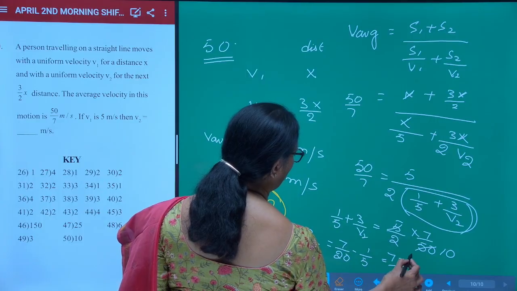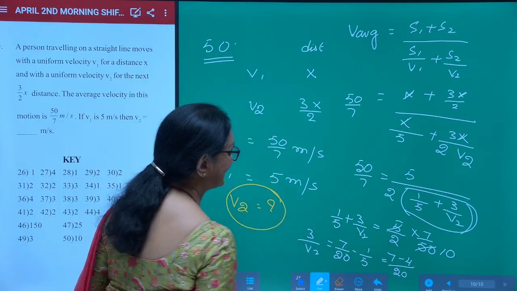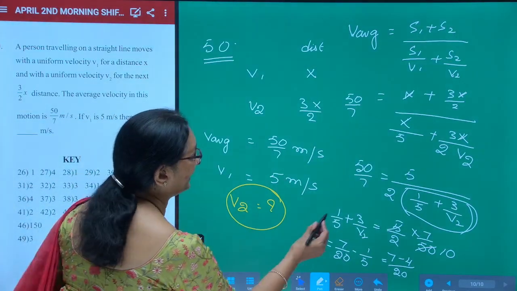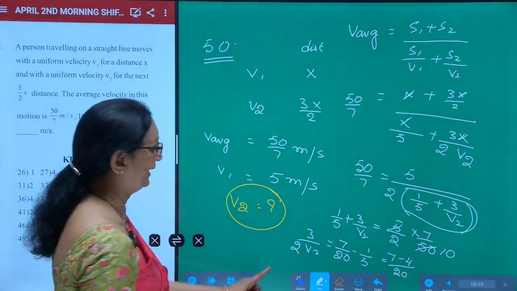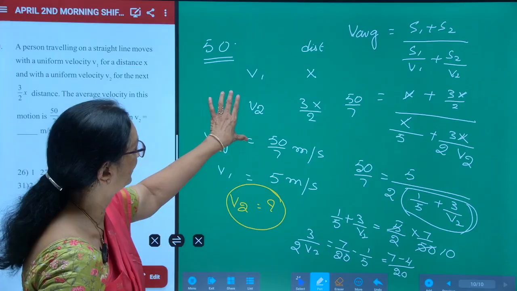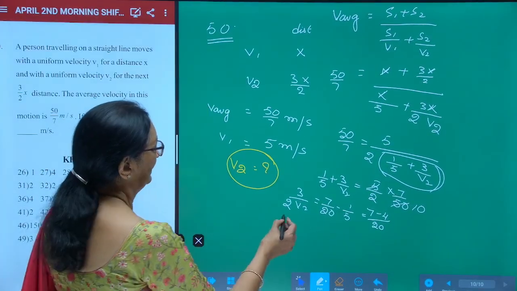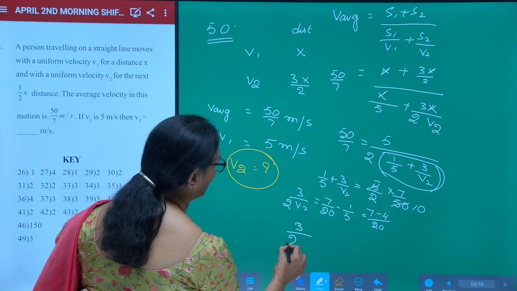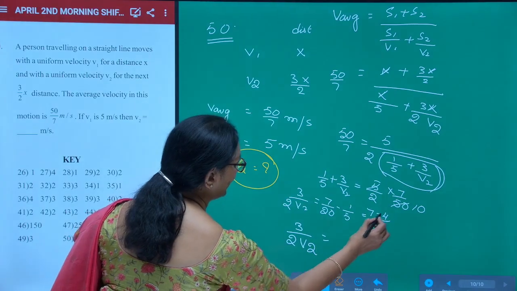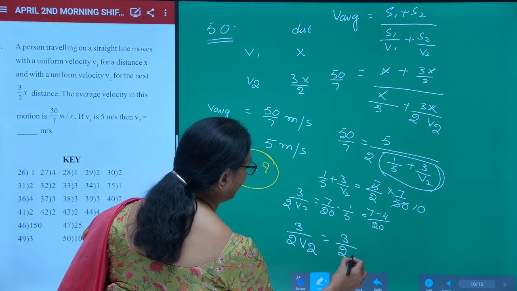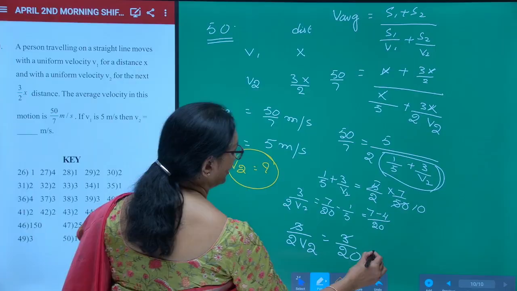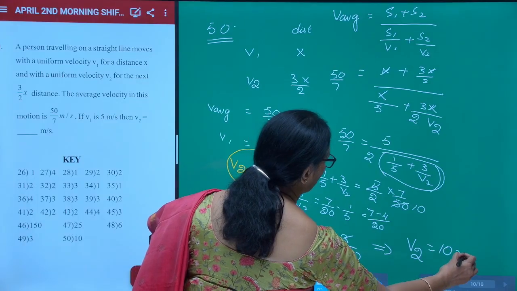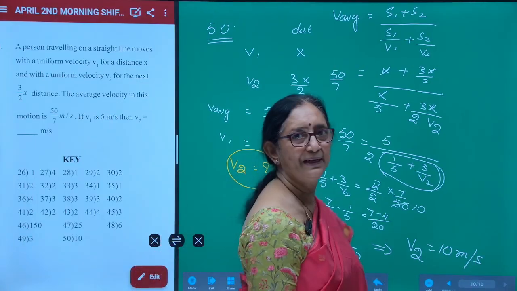So, 7 minus 4, that is 3 by 20, from which 3 by 2V2 is equal to 3 by 20. 3 and 3 get cancelled. 2V2 is 20, implies V2 is equal to 10 meter per second.